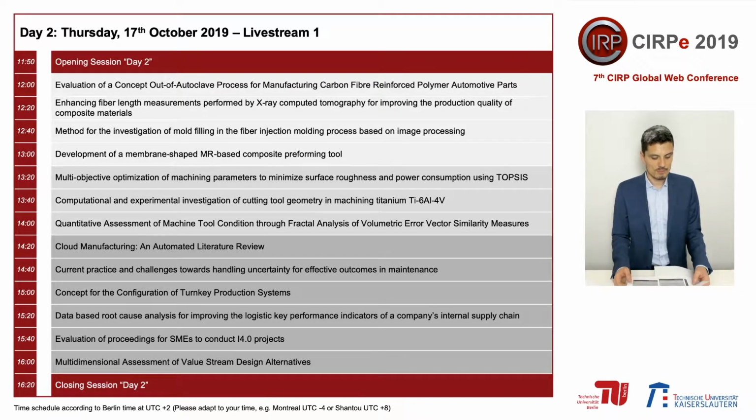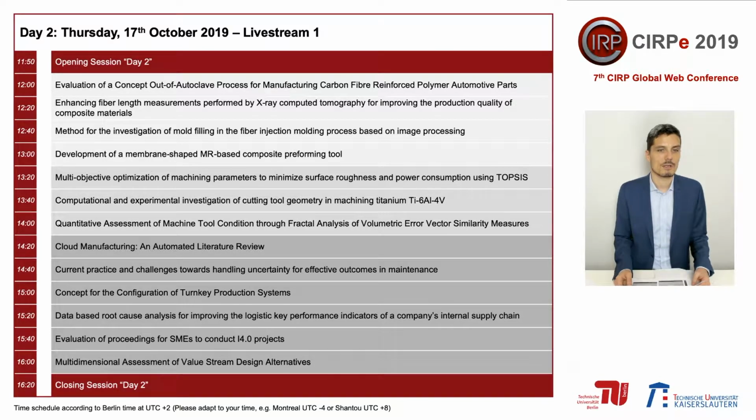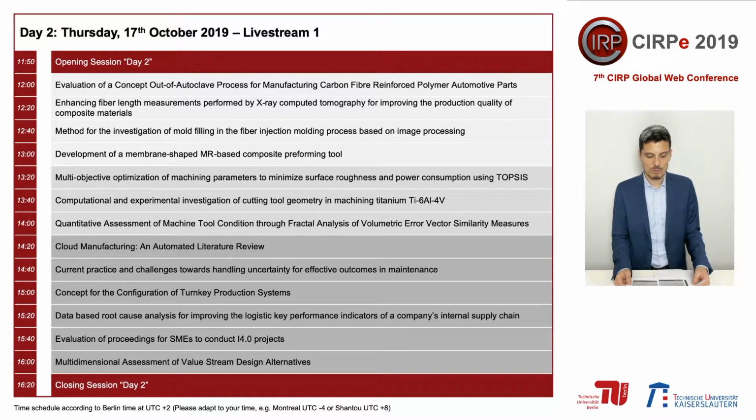So the first one is evaluation of a concept out of autoclave process for manufacturing carbon fiber reinforced polymer automotive parts. That's from the colleagues in Tokyo. Then enhancing fiber length measurements performed by X-ray computed tomography for improving the production quality of composite materials. Also a paper which is around composite materials.